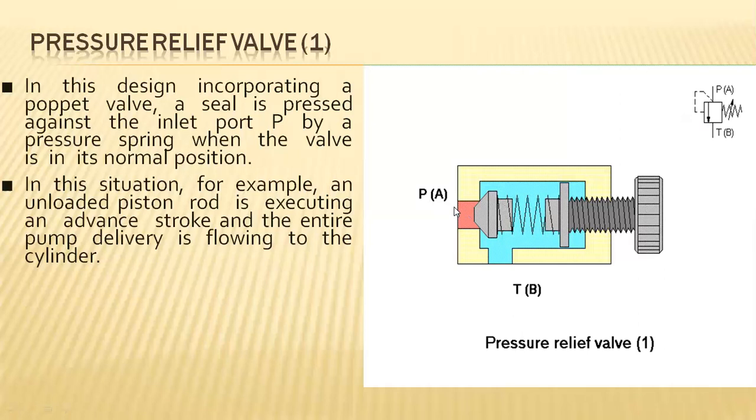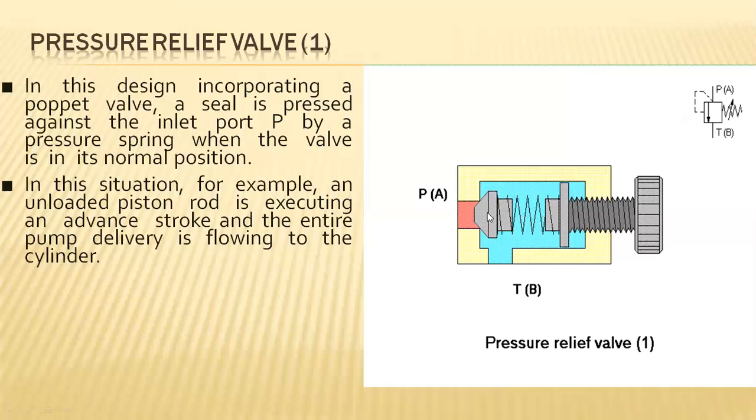If 4 bar of pressure is entering here, until that 1 bar of pressure has been released, it will be drained back to the oil reservoir. The tension or compression will be getting created within the spring.